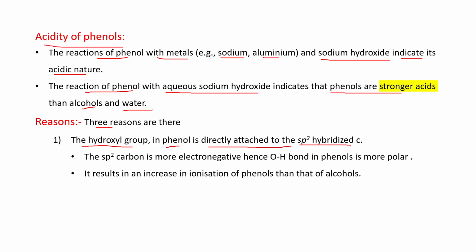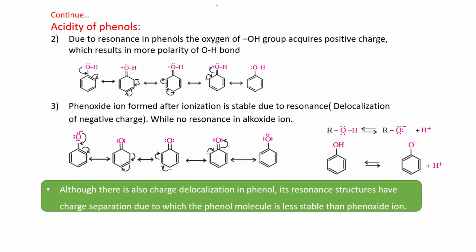As we know, in phenol, OH is attached to the benzene ring. The carbon of the benzene ring is sp2 hybridized, and an sp2 hybrid carbon is more electronegative. Hence, the OH bond in phenols is more polar. It results in an increase in ionization of phenols compared to that of alcohols.